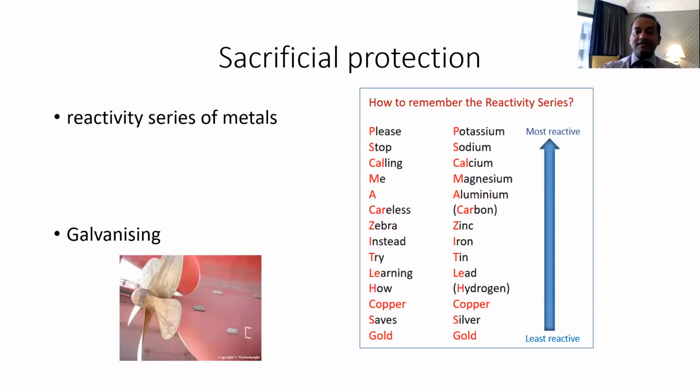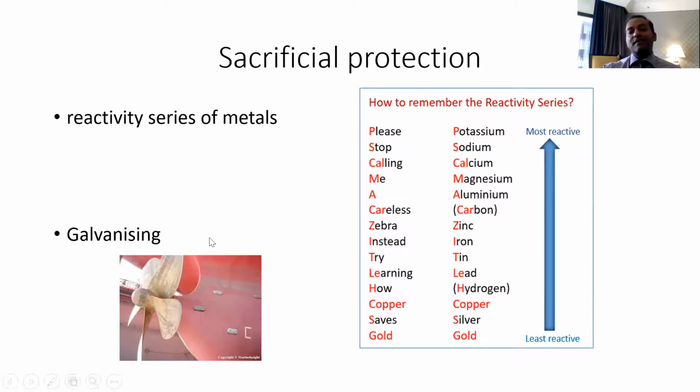Now, as you can see, iron is below zinc, so we can use a sacrificial metal. For example, any metal above iron, such as zinc, aluminium, magnesium, calcium, sodium, potassium, when we put it with the iron, rusting will not happen because this metal will be used up by the oxygen or by the water. They will start to decompose first, and only after their decomposition will the metal start to rust.